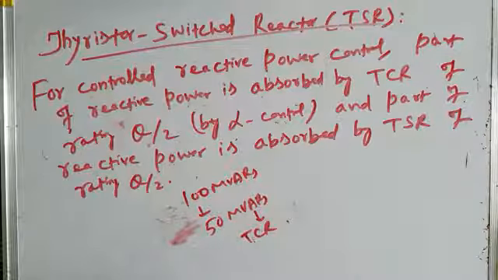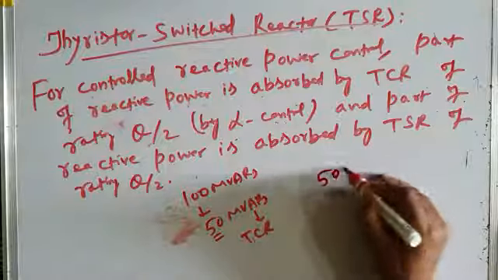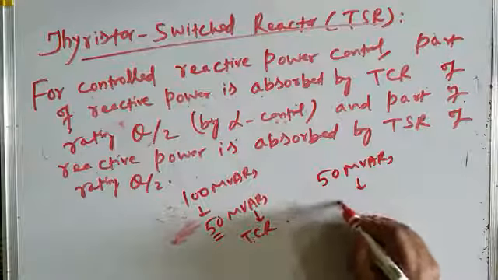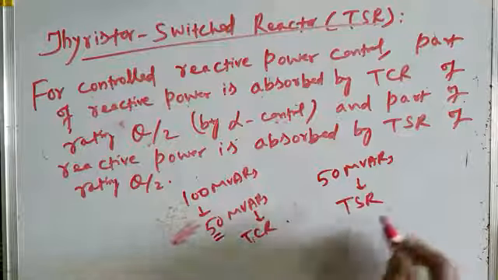So you have to adjust the delay angle of TCR in such a way that it absorbs 50% of reactive power. Other 50% of reactive power, 50 MVAr, is absorbed by TSR, and there we don't have firing angle control.